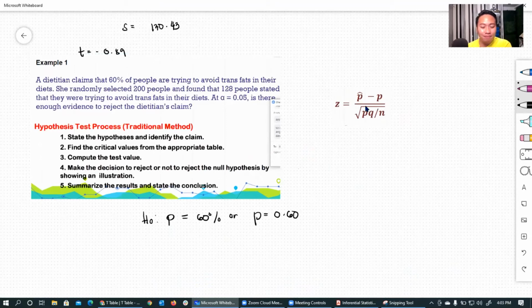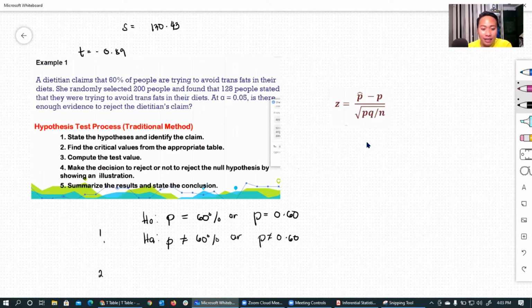Amen? Alternative hypothesis, it didn't say less than or greater than. So what we're going to be using is not equal to, or P not equal to 0.60. Okay? That's the first step.